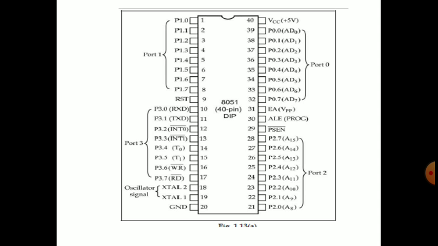Port 0 is AD0 to AD7 and port 2.0 to 2.7. See, these are the arrangements. If you see port 0 from top to bottom we have 0.0 to 0.7, but in port 2, from bottom to top we have 0 to 7. So that is a little bit tricky.